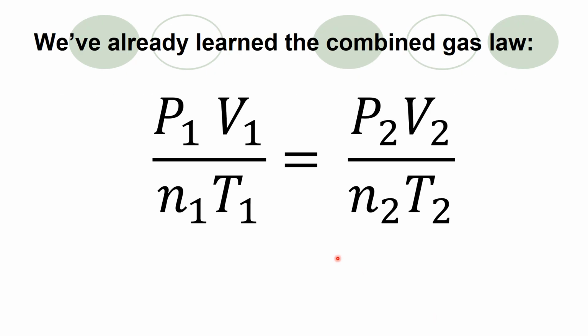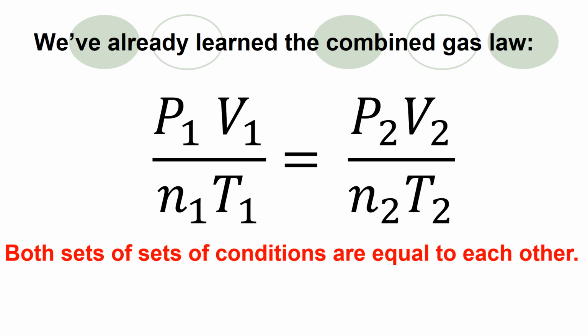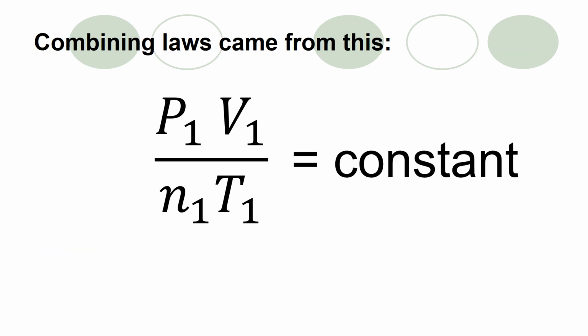Now, we've already learned the combined gas law. P1V1 over N1T1 is equal to all of that stuff, but with twos. Both sets of conditions are equal to each other. The combined law came from the fact that the pressure times volume divided by moles and divided by temperature always works out to a constant value.